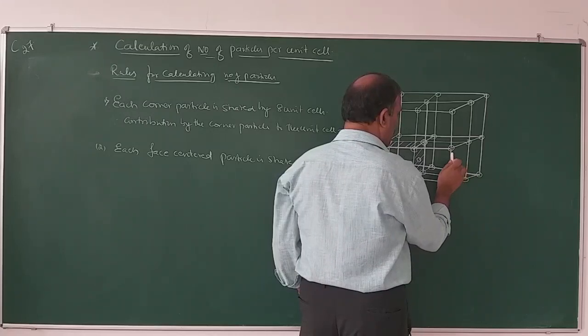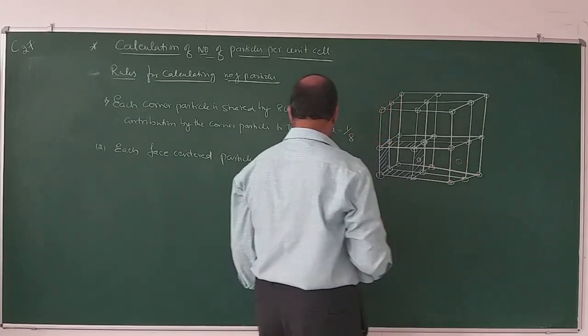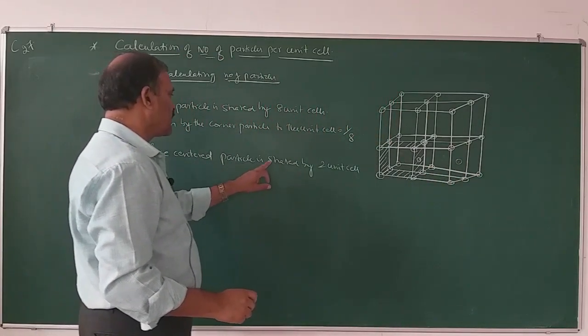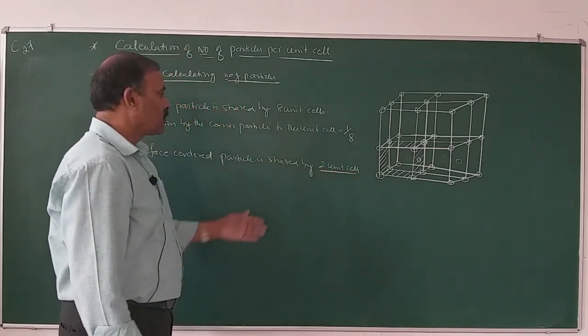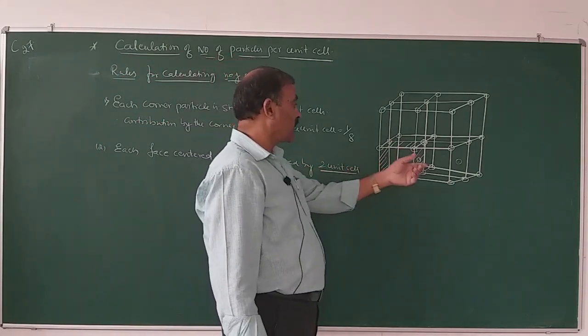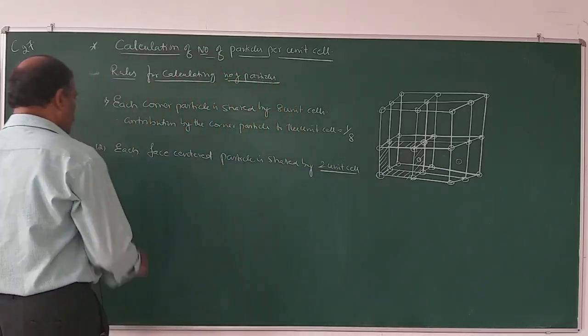This face-centered particle is shared by this unit cell and the other unit cell. This is the meaning of each face-centered particle being shared by two unit cells. So, contribution by the face-centered particle to the unit cell is 1 by 2, that is half.